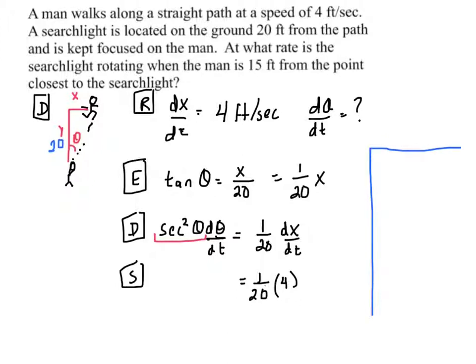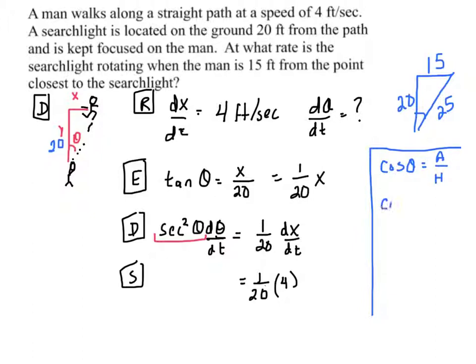I'm going to fill in the triangle, and I can rewrite the triangle right over here if I want. This was 20. We were doing this from when the man is 15 feet away. I could use Pythagorean theorem, and I can get that this is 25. So secant relates to cosine. It's the reciprocal of cosine. So cosine is equal to adjacent over hypotenuse.